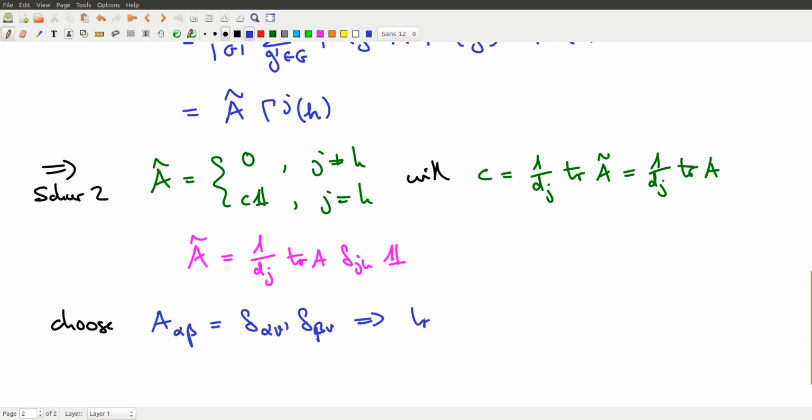And that means that the trace of a, well, it's 0 unless nu prime is equal to nu, unless we put this 1 on the diagonal, and then it's 1. Yeah, so it's just a delta nu prime. Okay.